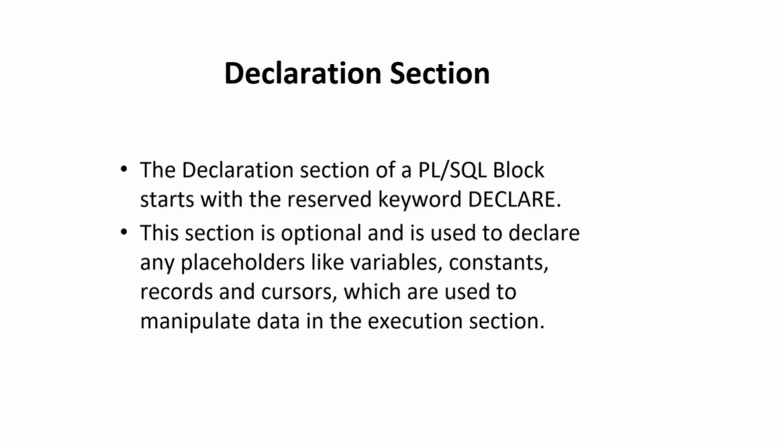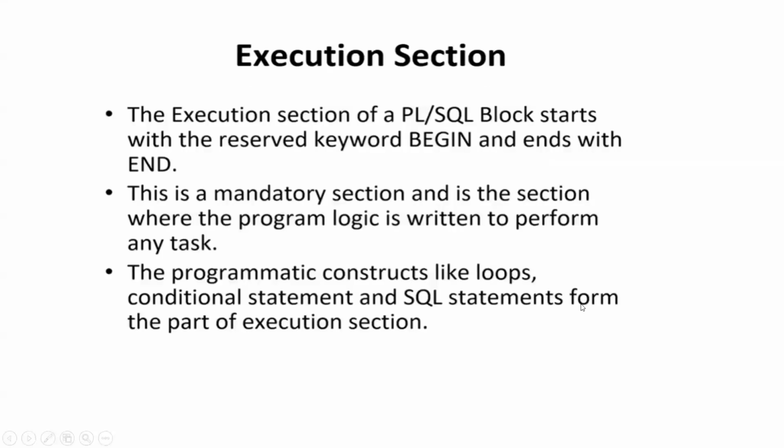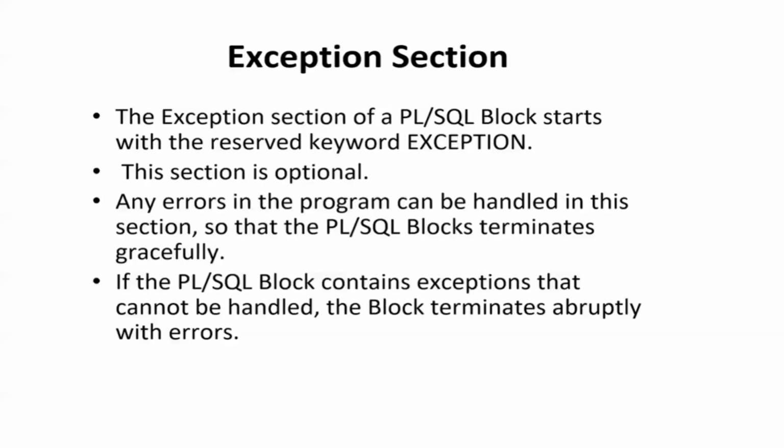It declares placeholders like variables, constants, records, and cursors, which are used to manipulate the data in the execution section. Now the execution section: it begins with the keyword begin and ends with the keyword end, and it is mandatory. It has the program logic, loops, and control statements.